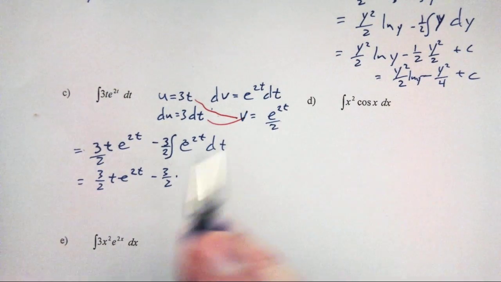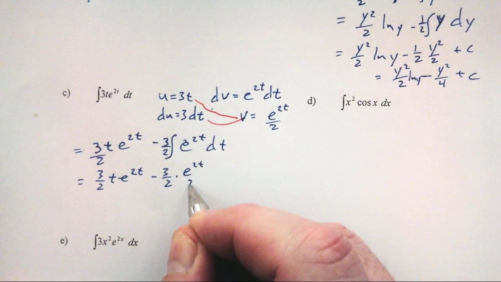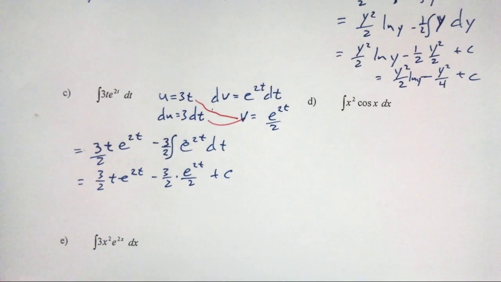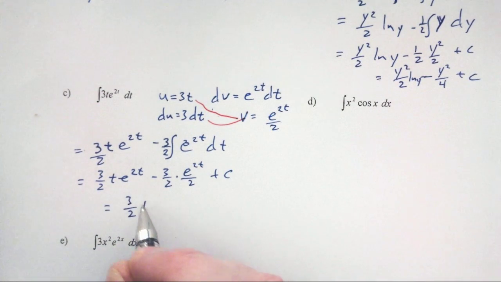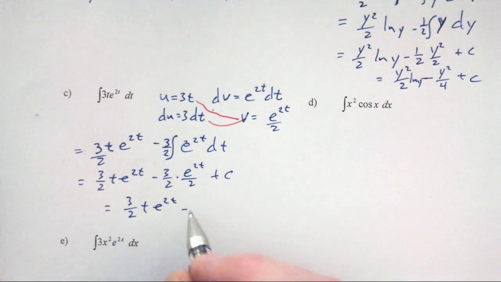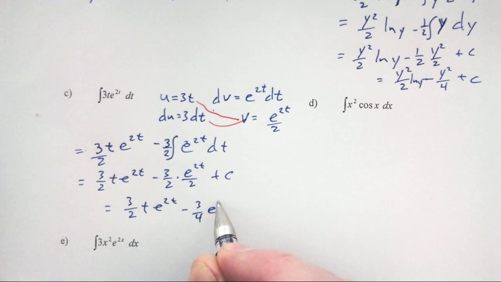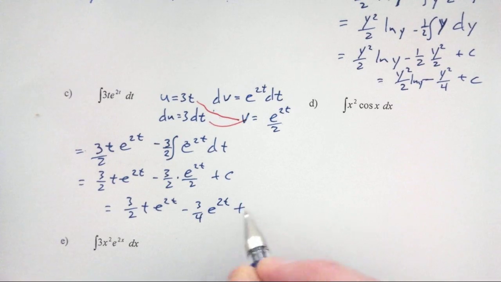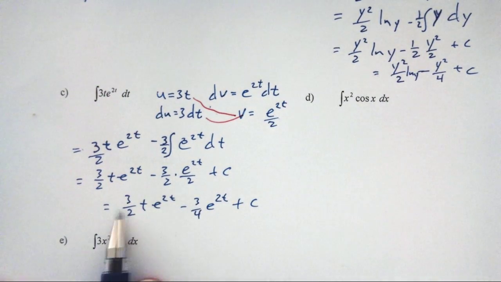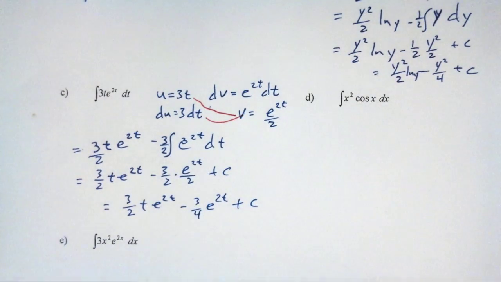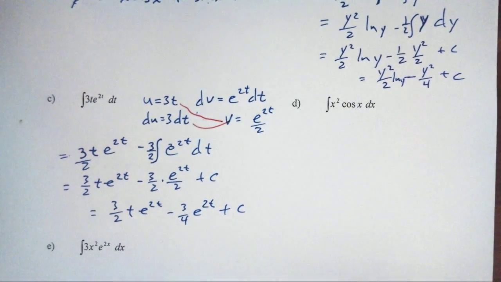We already did it. E to the 2t on 2 plus c, for a final answer 3 on 2 t e to the 2t minus 3 on 4 e to the 2t plus c. Back of the book might cancel, might factor out some fraction, might factor out the e to the 2t. We should be able to work through that algebra to match.